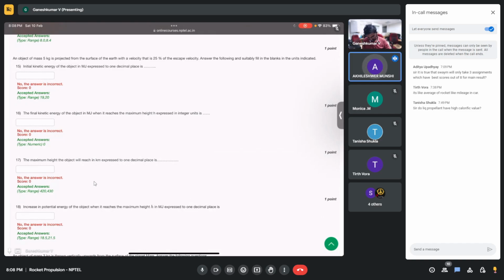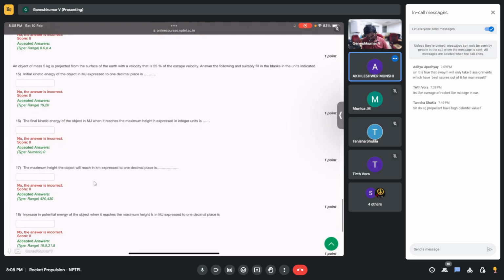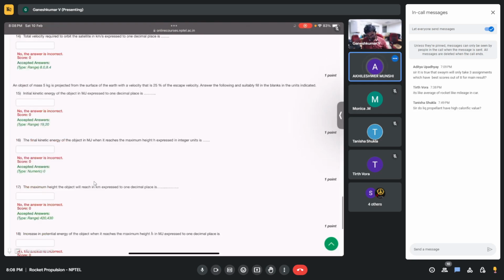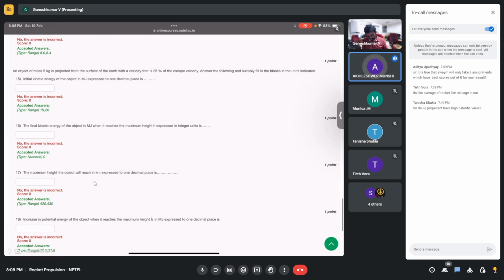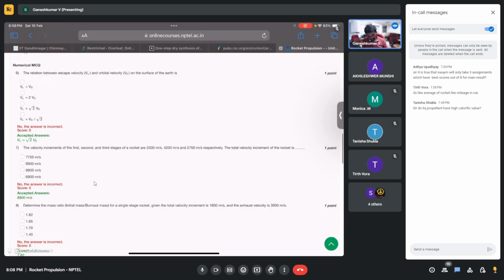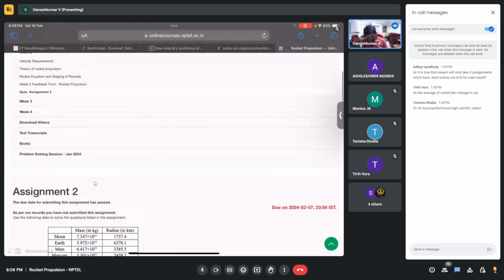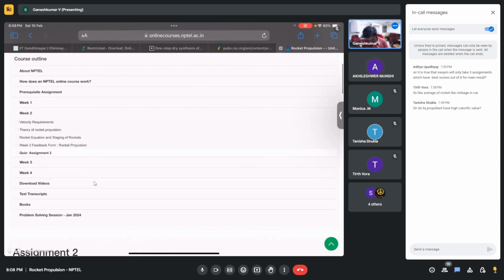The answer I'm getting is lesser than what is specified in the range. I'm getting 397.9 kilometers, but it's 420 to 430 it must be. I'm not able to find the solution.